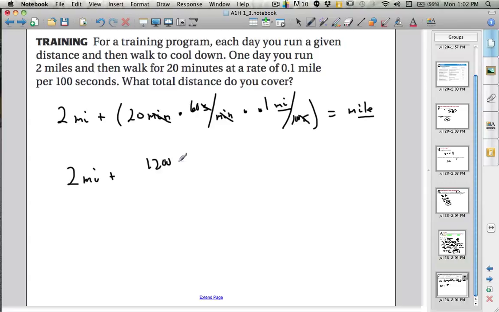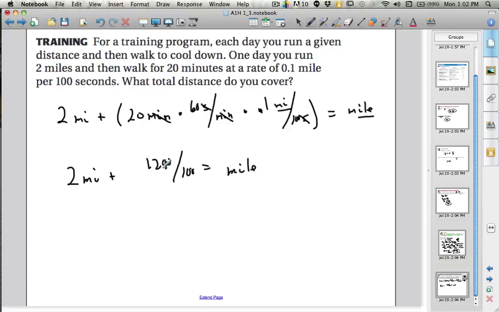Times 0.1, I'm sorry, I forgot the 0.1. 20 times 60 times 0.1 is the same as 20 times 6.